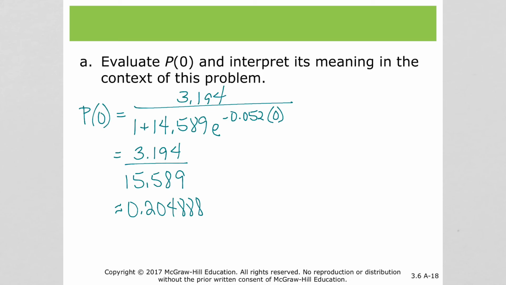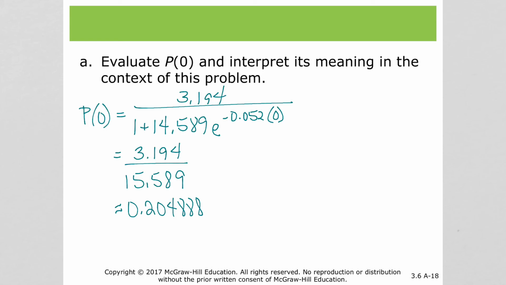Well, 0 was the initial year, and it says since the year 1900. So in 1900 there were this many people in millions in Los Angeles.